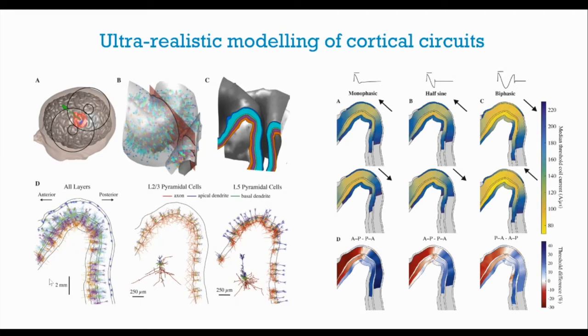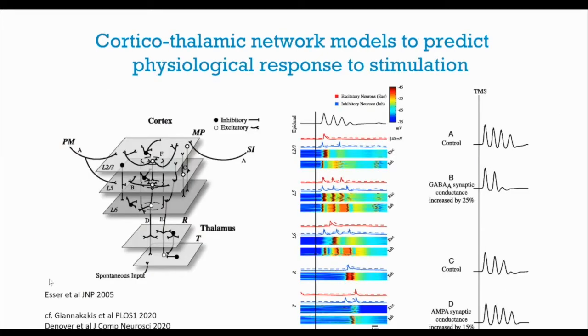I think some of the ideas on how we can use these models and learn from them go back quite a while. One of the seminal papers that maybe sometimes is a bit forgotten is from 2005 already, a very sophisticated cortico-thalamic model to simulate the impact of TMS on these circuits.